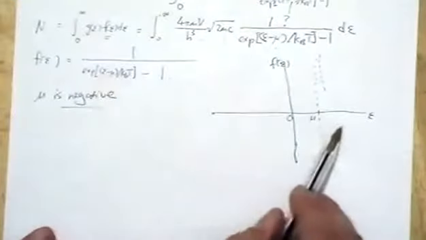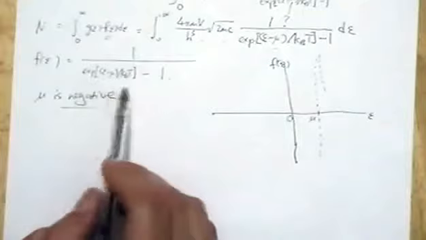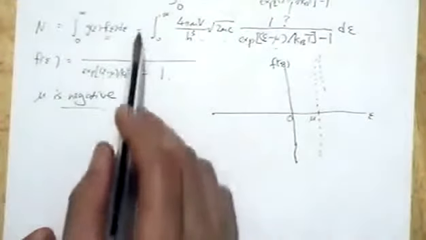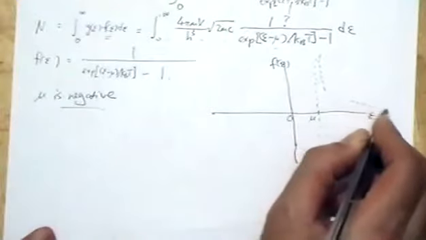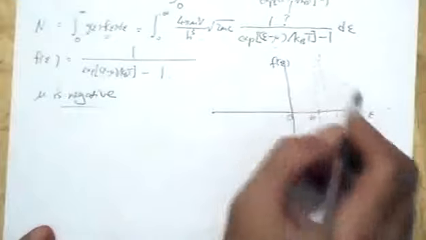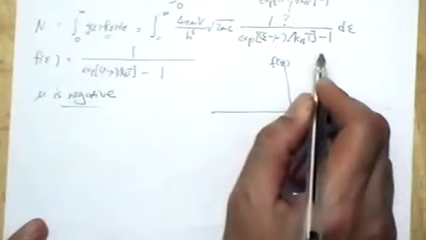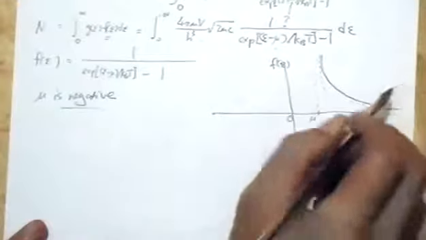But as E gets bigger, the exponential gets bigger, and therefore 1 over that gets smaller. So we would expect the curve to get smaller and smaller. And in between, a likely graph may look like that.